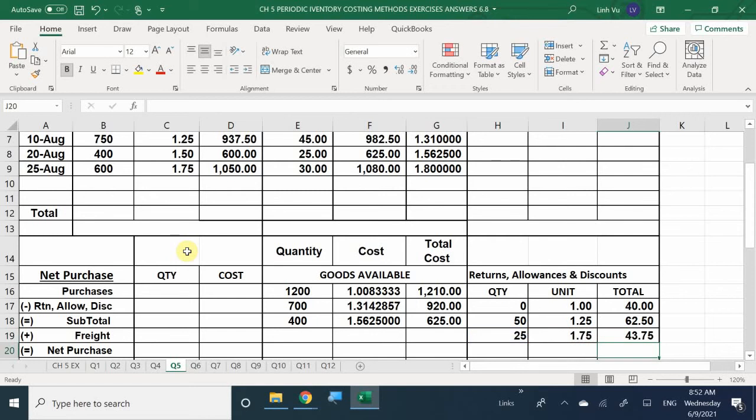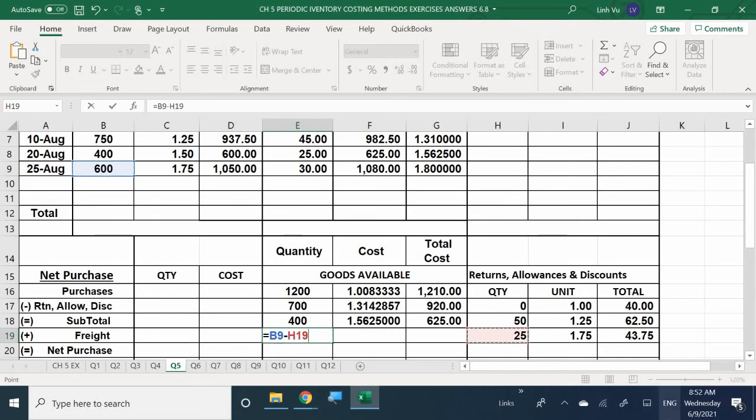Yes. So since we end up returning some of the items, our batch here is also going to change. We started out with 600, but we end up returning 25. So how much quantity do I actually have?